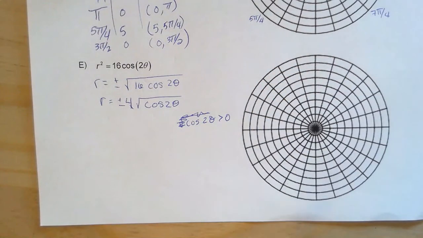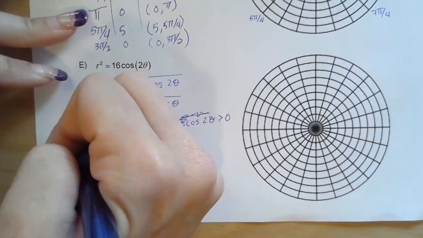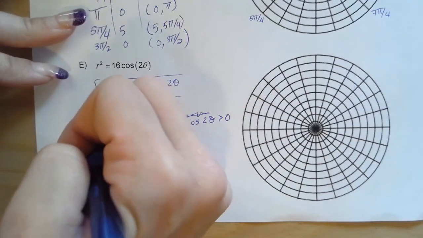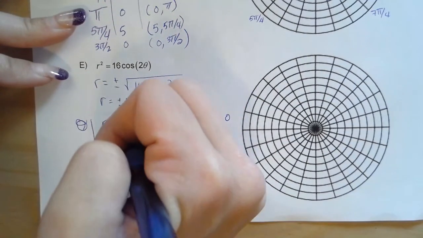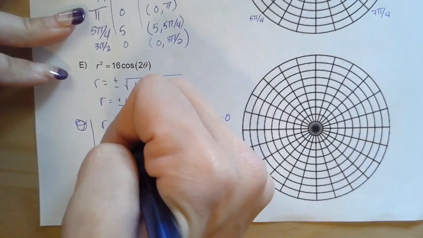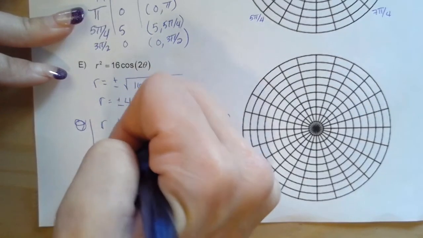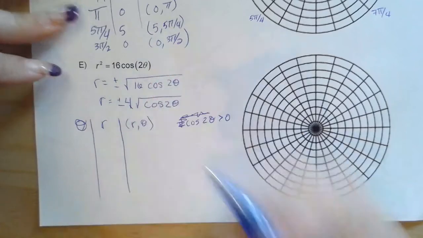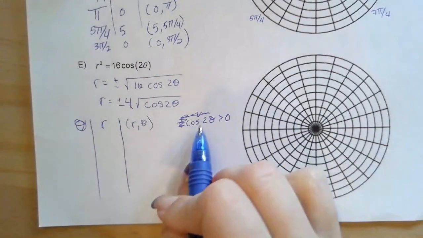If the value is less than 0, it doesn't exist because we can't take the square root of a negative number. So let me get my thetas out. R and R theta.